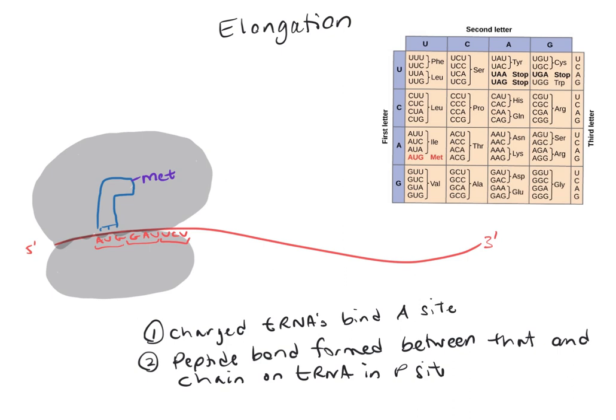Okay, so it's important to remember that elongation of a protein polypeptide is done in the N-amino to C-carboxyl direction. So unlike nucleic acids, which have a 5' and a 3' end, protein polypeptides have an N and a C end. All right, so during elongation, a charged tRNA, I'm not going to draw this, we'll just keep it simple, will bind into the A site, and it'll be a tRNA that is complementary to the next codon that is in the A site.